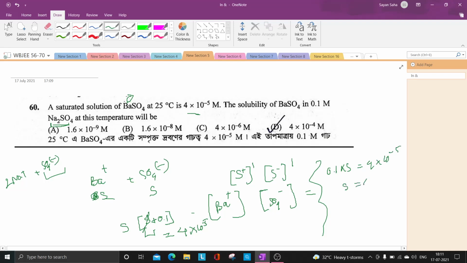So S will be 4 into 10 to the power minus 4. So the answer will be option D. Please check the answer when the official answer key comes out. Now you can be sure with this answer. But if there is any error, then do a bit of research. Also, I will tell on this platform that the answer would be this and the possible reason may be that one. Okay.